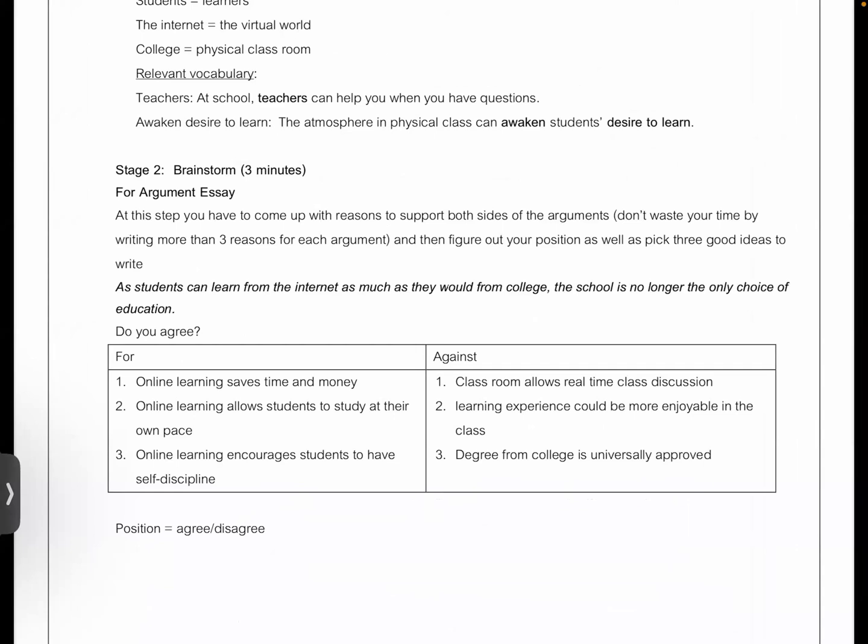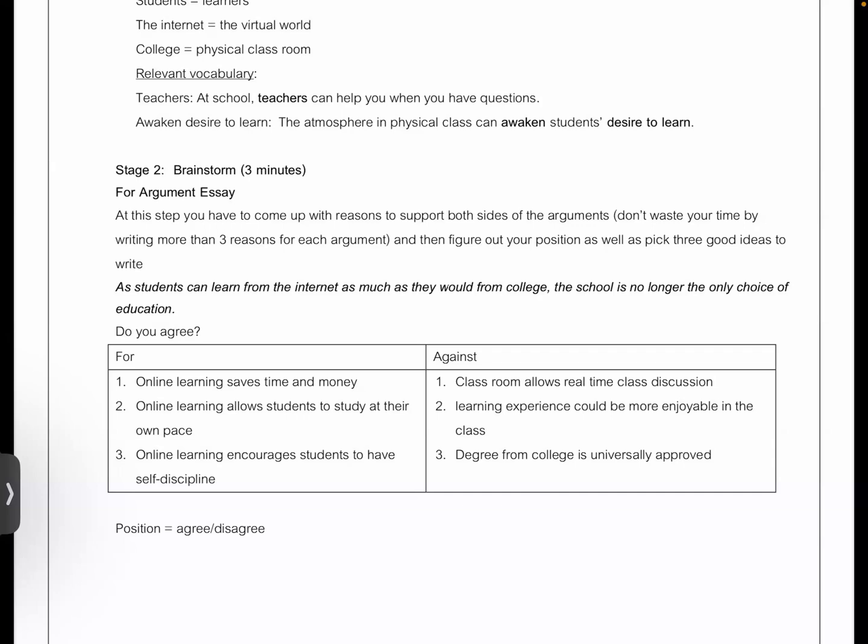Yeah, you just try to come up with as many ideas as possible, and then you evaluate both sides of the argument to see which side will give you the most advantage in terms of the content or your ability to justify.